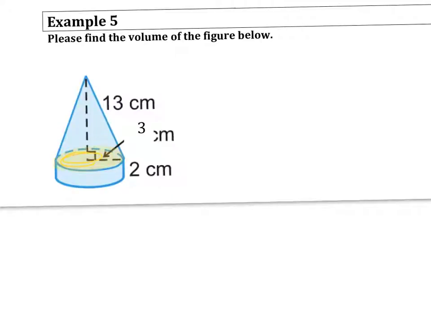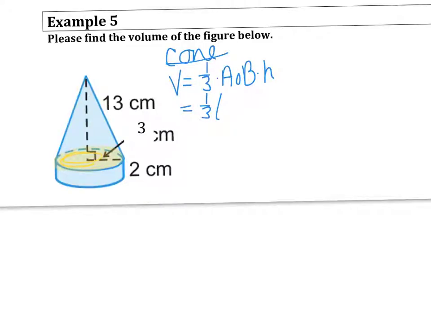And so let's recall how we find first the volume of a cone, and then we'll talk about the volume of a cylinder. So volume of a cone is equal to 1/3 times the area of the base times the height of the cone. So the area of my base, because it's a circle and I know the radius is 3, would be pi times 3 squared.